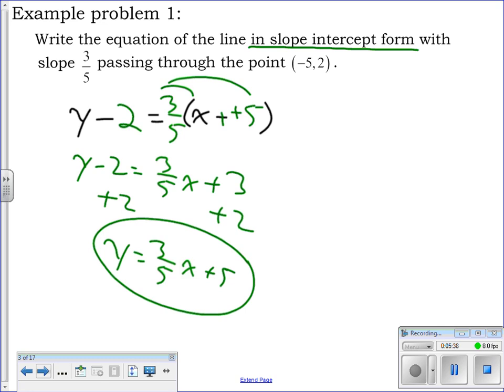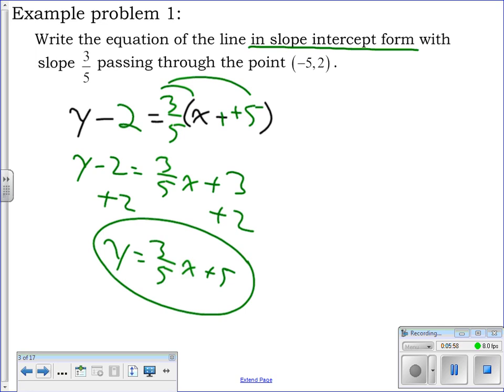And that's it. Piece of cake. Plug it in, two steps. Plug in the numbers, two steps. Put it in mx plus b. Very easy to do. Very, very easy to do. And I think easier than trying to go into standard form to begin with.